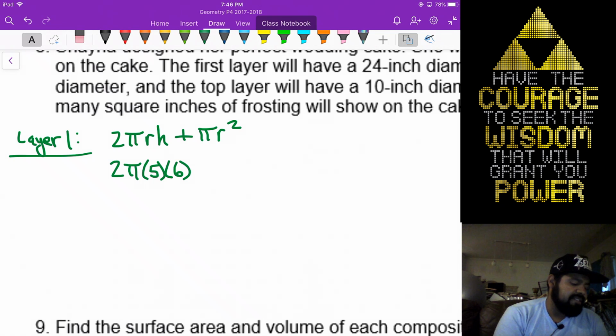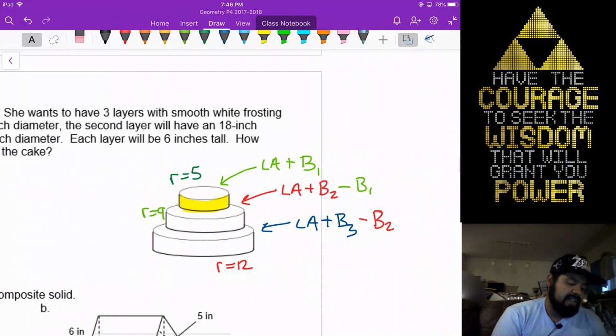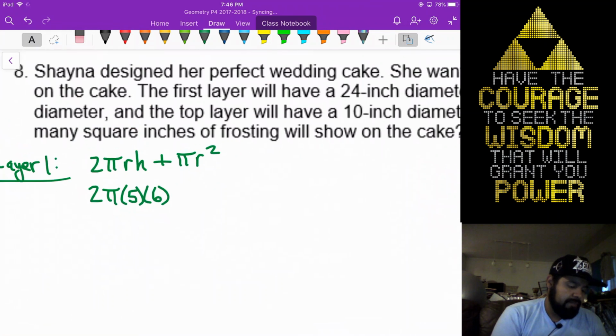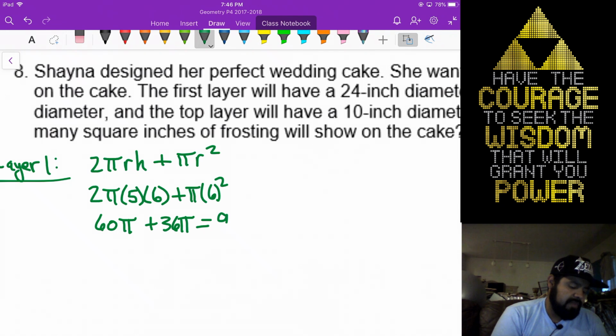The height for all of these cakes is going to be 6, so that's at least convenient, plus pi times 6 squared. So that should give us 60 pi plus 36 pi, which will be 96 pi.